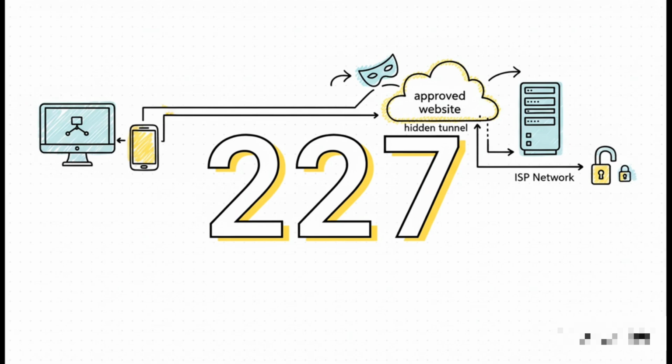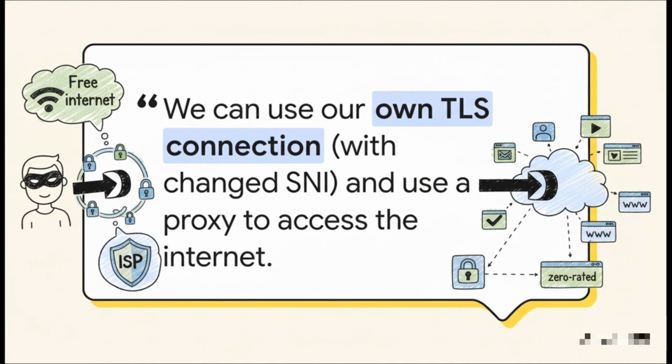I mean, look at this. The repository has over 200 stars on GitHub. That tells you people in the developer world are definitely paying attention to this kind of network workaround. And really, the creator of the tool sums it up perfectly in the documentation. The quote says it all. You can use your own secure connection just with a changed SNI, and then use a proxy through that connection to get to the rest of the internet.